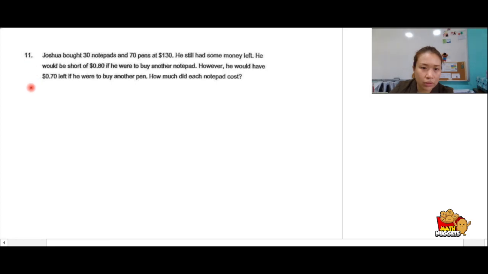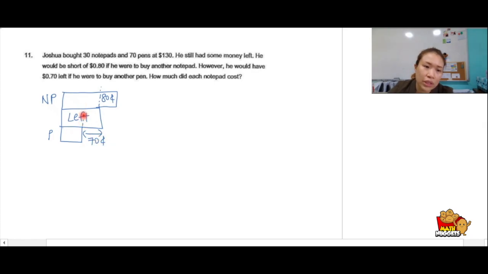Question 11. Let me try to illustrate using a model. So he had some money left. This is the amount that he had left, right? Now he would be short of 80 cents if he bought another notebook. So the notepad costs more than what he had left. He would be short of 80 cents. However, if he had bought another pen, he would still have 70 cents left.